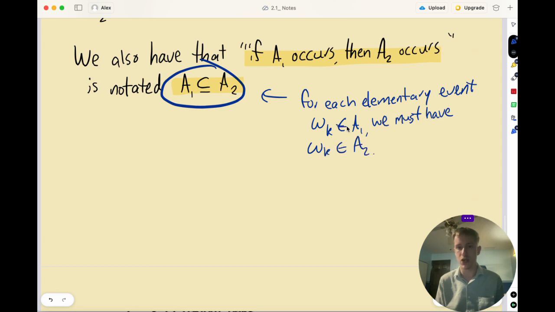This symbol right here means an element of, meaning it's a part of the set. Okay, so if omega k is in A1, that implies omega k must be in A2.